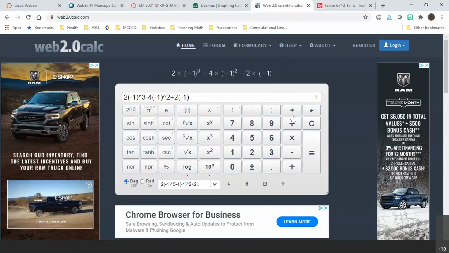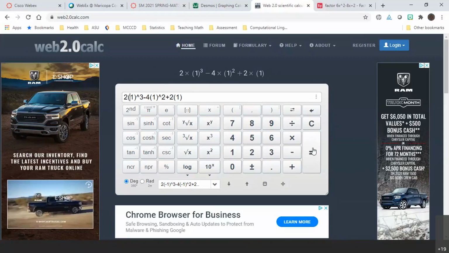I want my backspace key. Sure, undo change. You can use backspace on your keyboard. That's what I'm using, just to backspace over the negative signs.